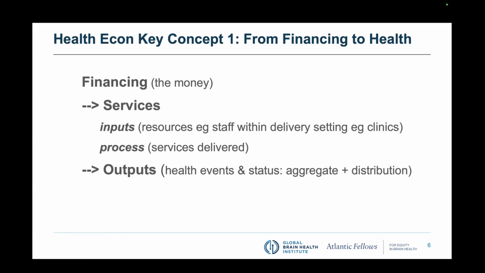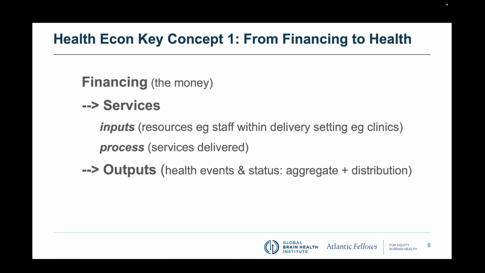Okay, now that we know where health economics fits in the broader scheme and we've defined the types of interventions we want, appropriate to needs and efficient and equitable, let's explore the concepts that economics uses to operationalize the system portrayal. Here's a map. And this is what I call Health Econ Key Concept 1, from financing to health.